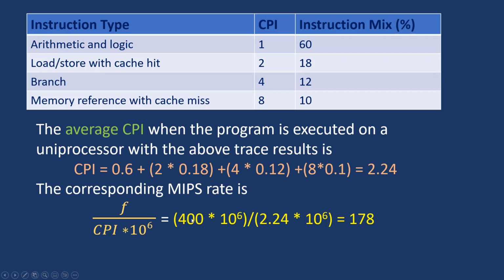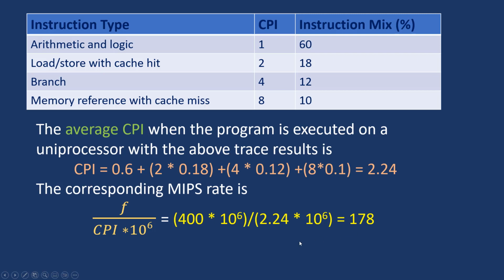The frequency is 400 MHz, so we multiply by 10^6, and then divide by the CPI, which is 2.24, times 10^6. This number comes to 178.